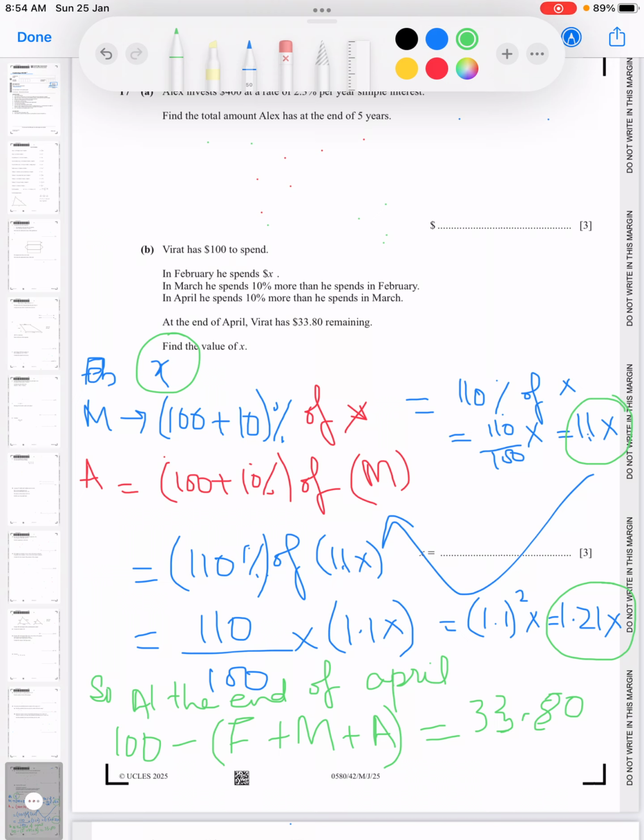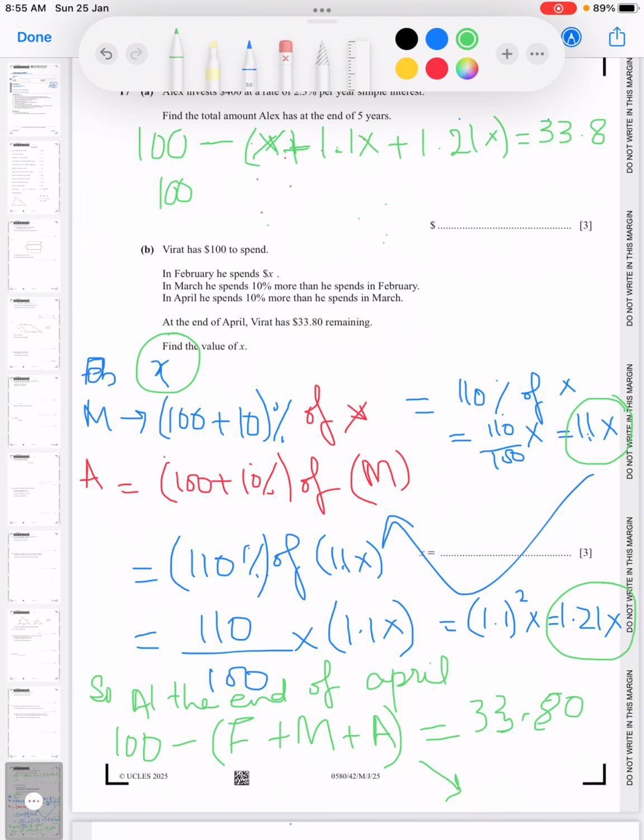Okay, now 100 minus February's x plus 1.1x plus 1.21x, and this equals 33.8.